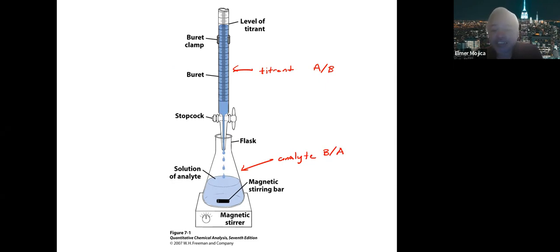You cannot have an acid titrant and an acid analyte. What you have is just one of them being an acid and the other one being the base. And it depends also if you have a weak acid or a strong acid with a weak base or a strong base, or whatever combination that I have discussed to you earlier.